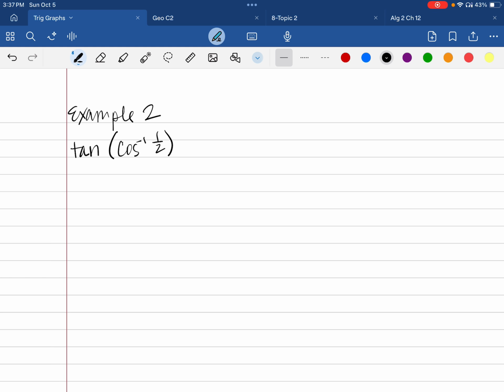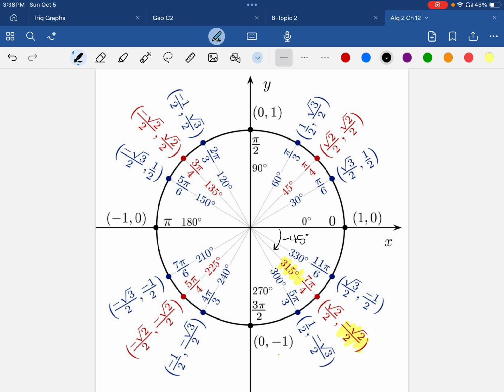So the inverse cosine of 1/2: what angle has a cosine of 1/2? And then we're going to do the tangent of that angle. If you look at your unit circle, you would see that the inverse cosine of 1/2 is 60 degrees. So we're doing the tangent of 60 degrees, which is going to be square root of 3 over 2 divided by 1/2.